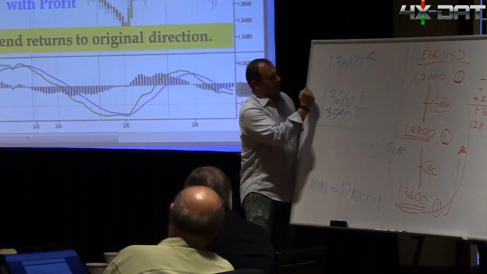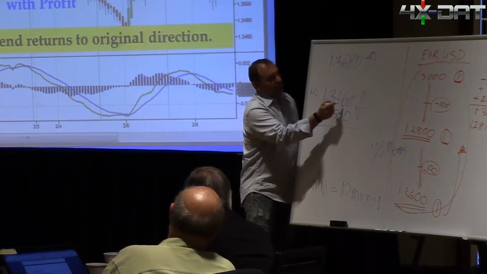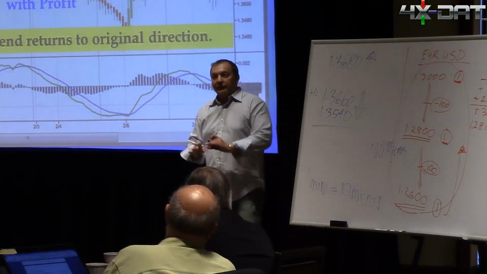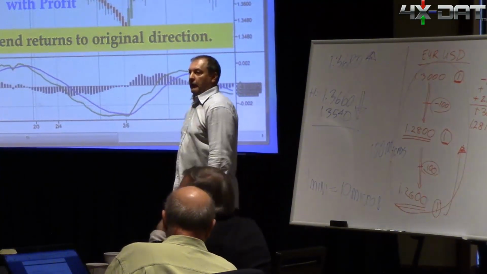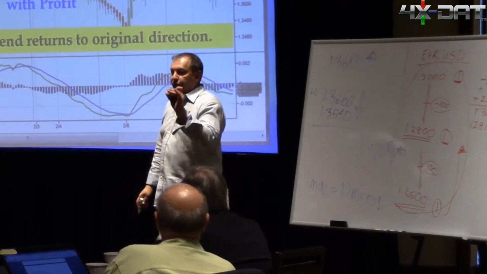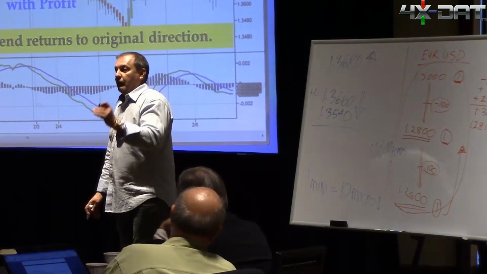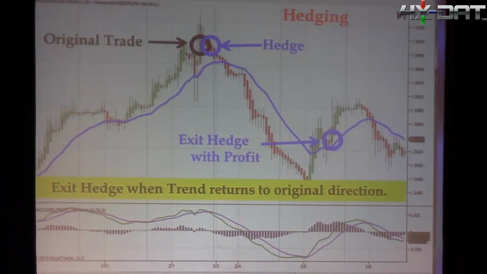This is our hedge. We entered at 136.60. We close it, exit it, because the market's going back up again. Assuming that the daily candle is still green, right? Market's going up, exit hedge.